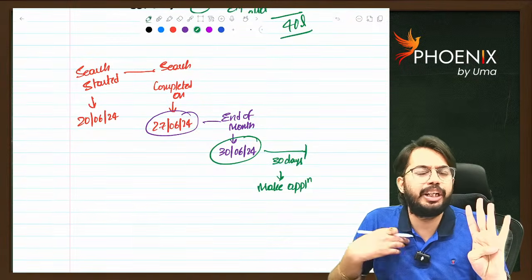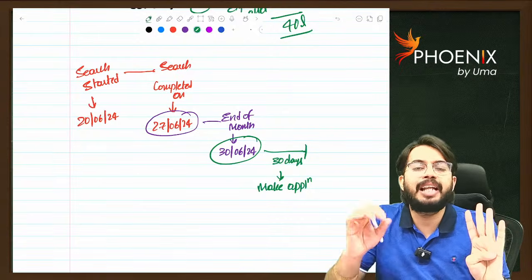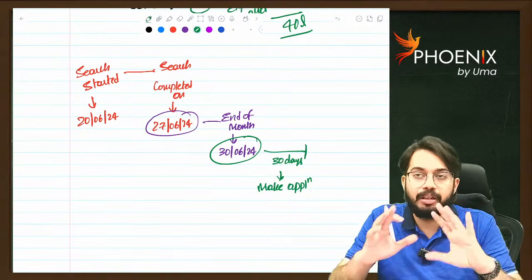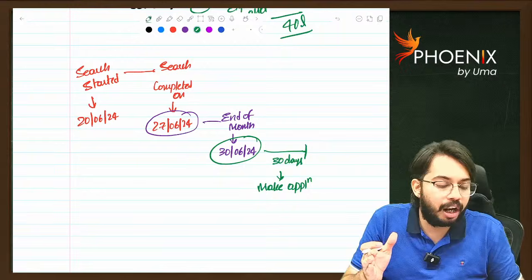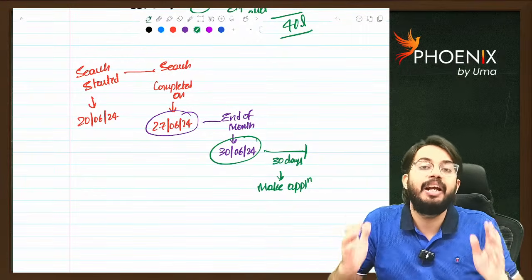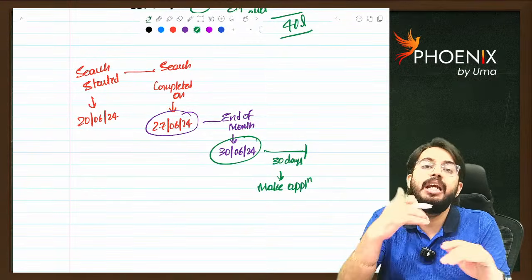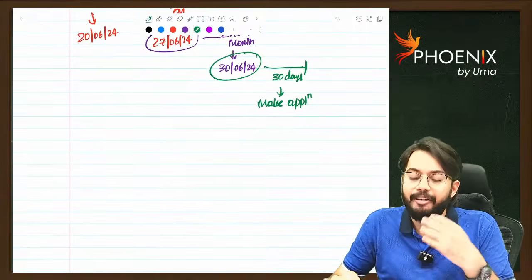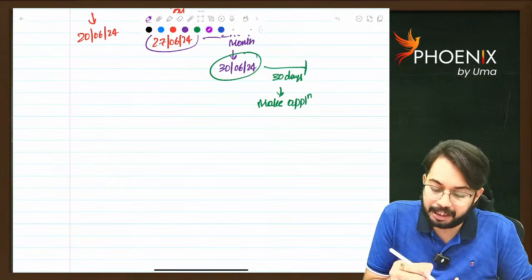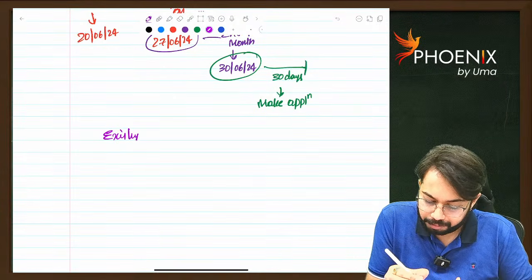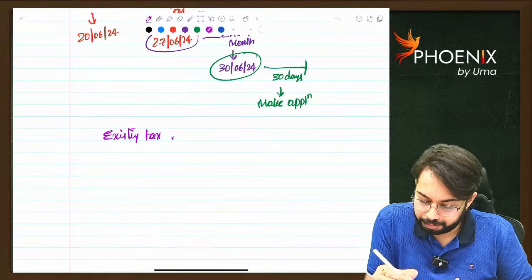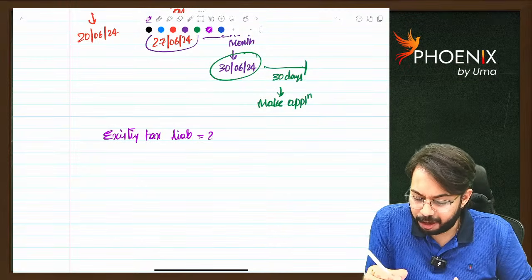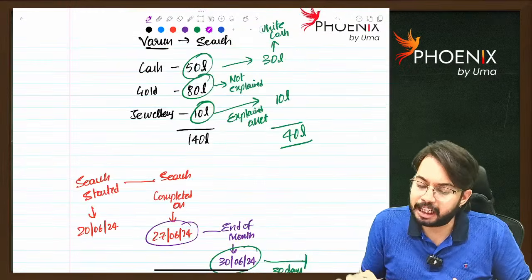40 lakhs assets I genuinely disclosed. Now see, when search is conducted, already existing tax liability is there. It will adjust existing tax liability. Balance will be given to me. For example, already existing tax liability is 20 lakh rupees. So, how much is explained asset?